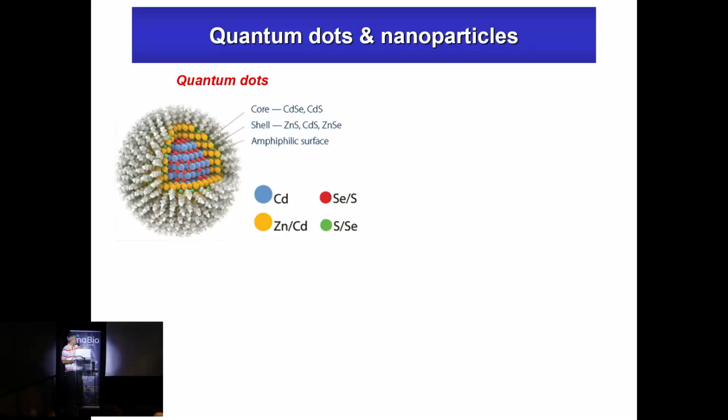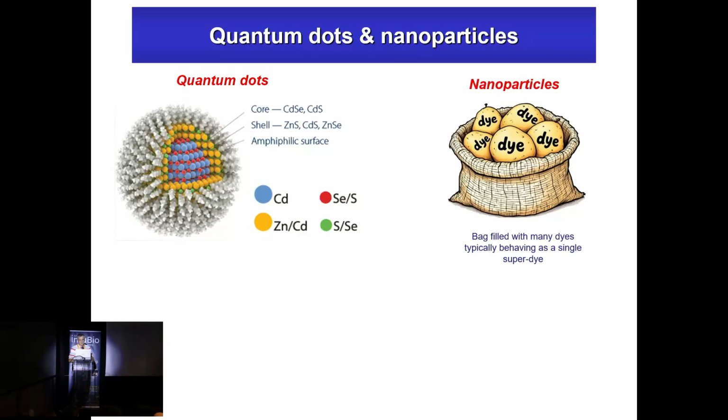So quantum dots are essentially semiconductor nanostructures made of a core, a shell, and some amphiphilic surface for biocompatibility. And you have a lot of different nanoparticles. Some of them you can actually take as a potato bag with a lot of similar dyes that would talk to each other and build up what we can call a super dye, which has a lot of potential to emit a huge amount of light.